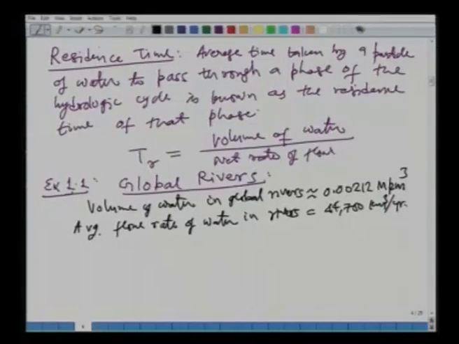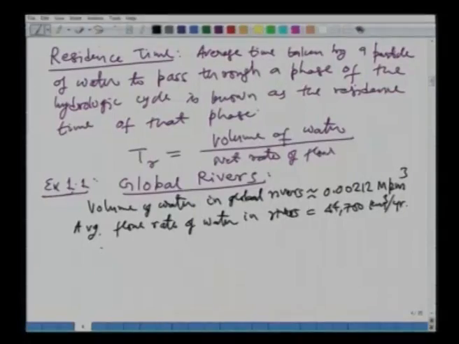So, as we see that the time duration here is annual or 1 year. So, we are approximating the total amount of water that runs off or the runoff or total volume in all the rivers of the world taken together. If we sum that all up, it will be approximately 0.00212 million kilometer cube.